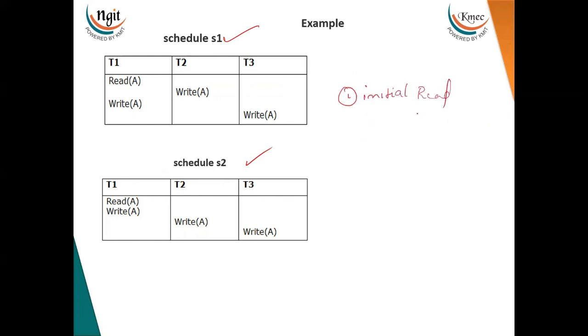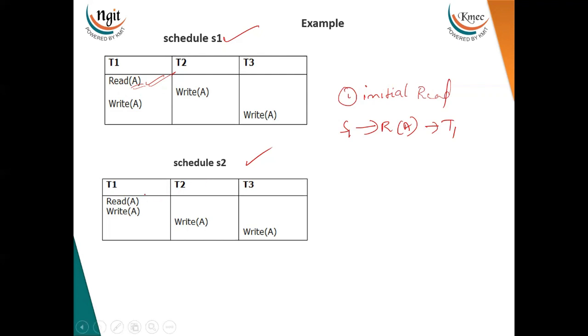initial read condition. Let us test which of the transactions has made an initial read on account A in schedule 1. In schedule 1, T1 transaction made the initial read. Initial read means before this particular read operation on account A, there is no write operation made. So we can consider that this is the initial read made by T1 transaction on account A. You have to test the same thing in schedule 2 also.